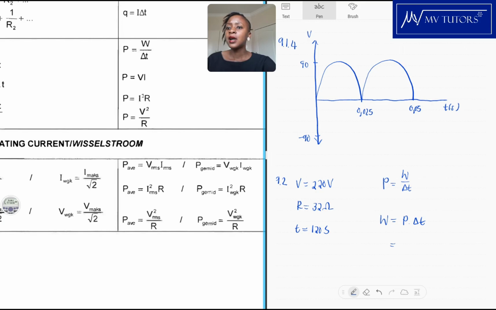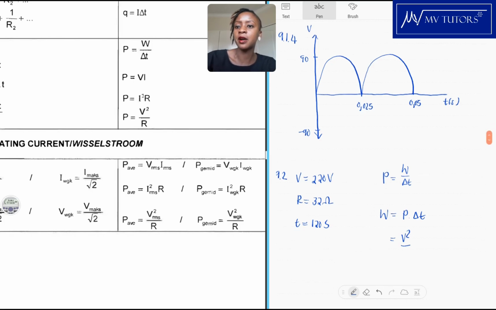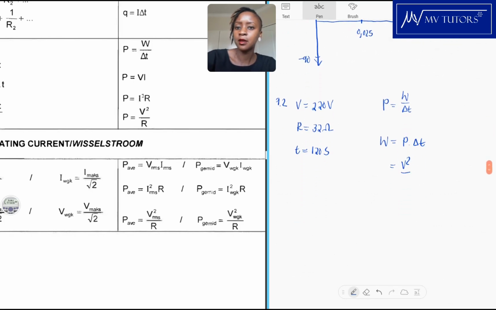We have, I almost said velocity, we have voltage, and we also have resistance. So I would go with the equation of the average power being equal to V RMS squared over R. I think this is what we can work with. Okay, so V RMS squared over R multiplied by time.